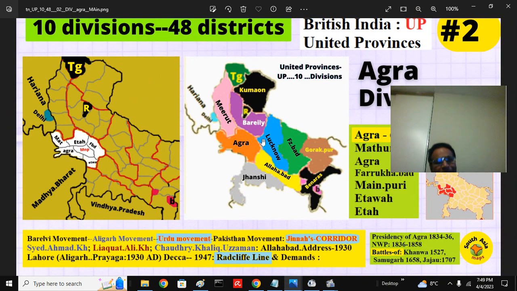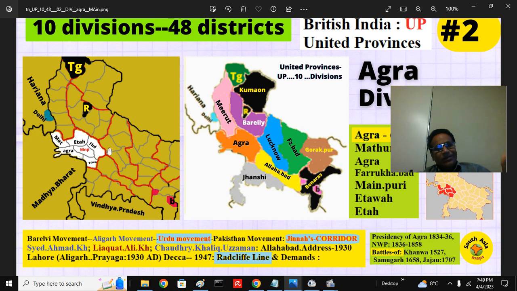It is also politically very important because of the important political events: the Barelvi movement, the Aligarh movement, the Urdu movement, the Pakistan movement, the Jinnah's corridor, Sir Sayyid Ahmad Khan, the founder of Aligarh Muslim University or Islamic separatist, Pakistan's later first Prime Minister Liaquat Ali Khan, and East Pakistan's Governor Chaudhary Khaliquzzaman.